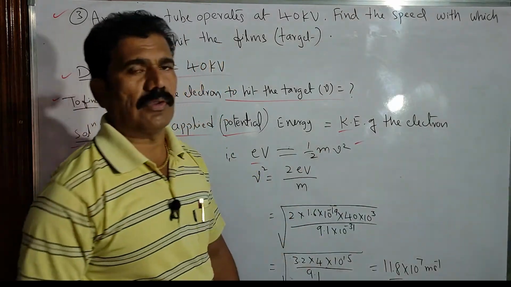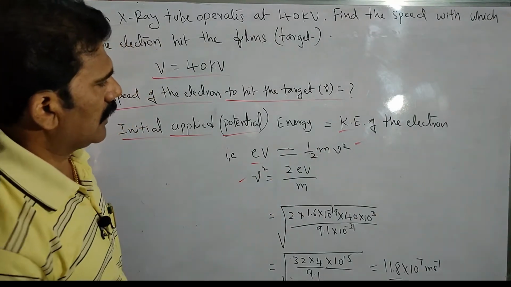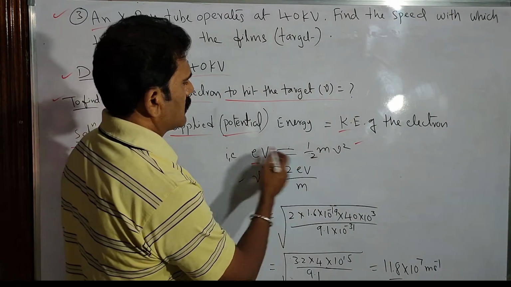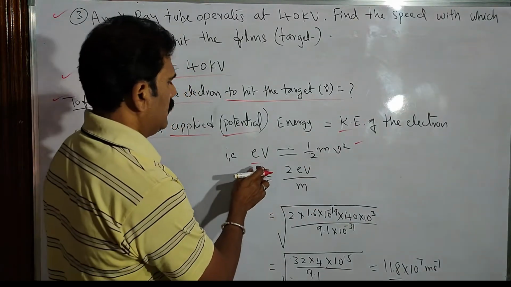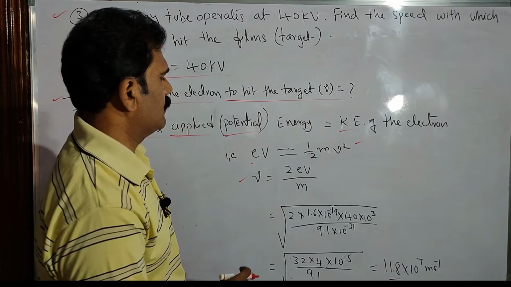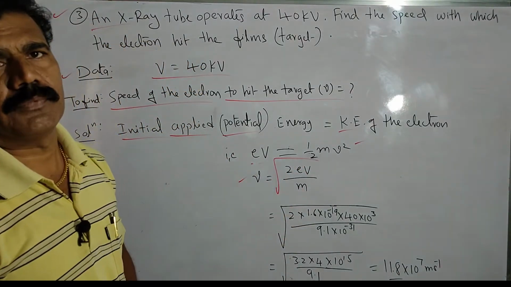Now just cross multiply, and you get the equation for v square as 2eV by m. If you want v, taking the square root on both sides, v is equal to square root of 2eV by m.